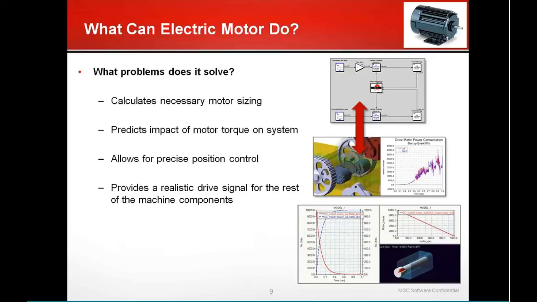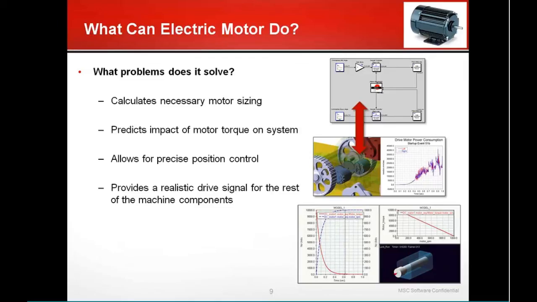The importance of the accuracy of the torque signature is that it allows you to really say, well, what is that motor torque doing to the rest of the system? Is there some oscillation in it that's going to cause and excite a vibration in my system that I don't want? Is it going to have a sufficient oscillation or switch on, switch off behavior that is going to cause problems for position control?